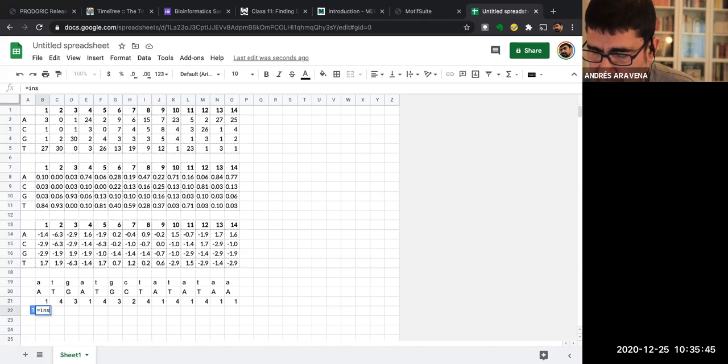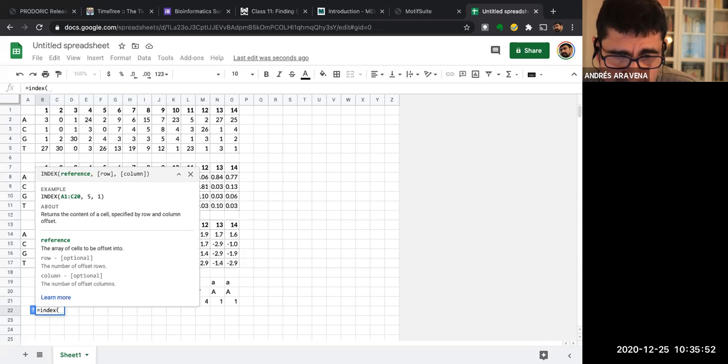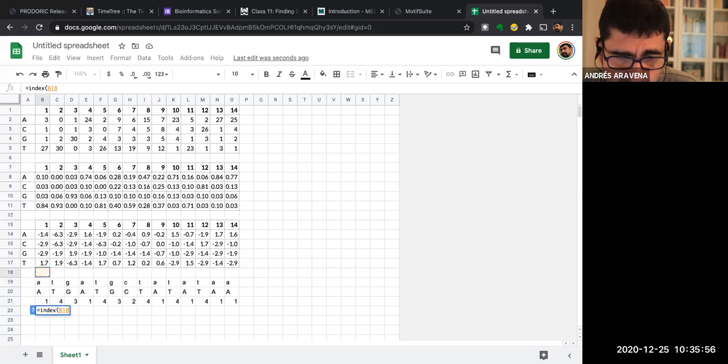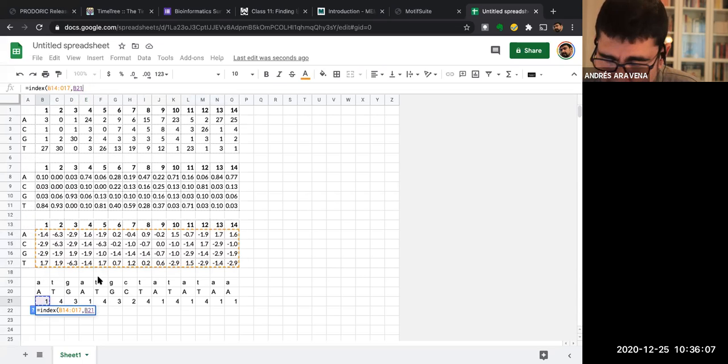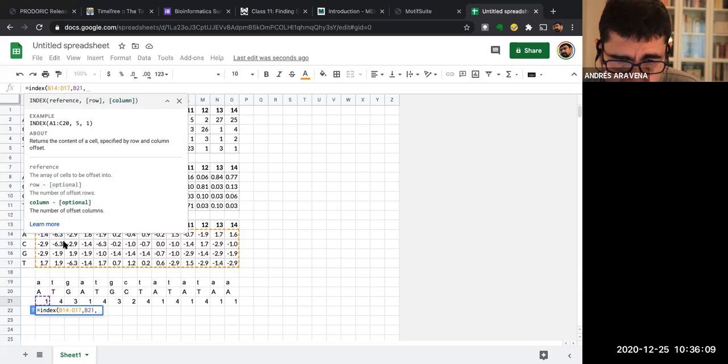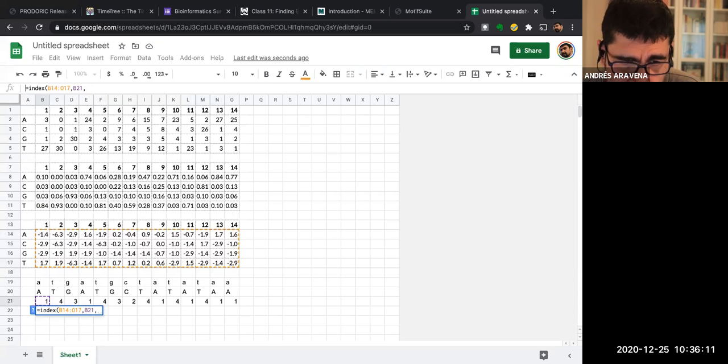index. Index, and here you have a matrix, and then you say the row and the column. So the matrix is going to be this, and I have to put dollar here, and the row is going to be this number, and the column is going to be this number here.